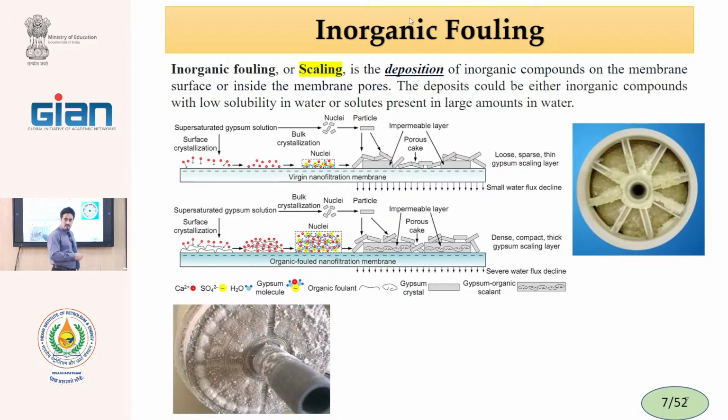The growth of these crystals completely blocks the entrance of the modules, and the feed cannot go in. In this case, we have a very high pressure drop. We increase pressure from 20 to 50 atmospheres, and we need high energy for this.